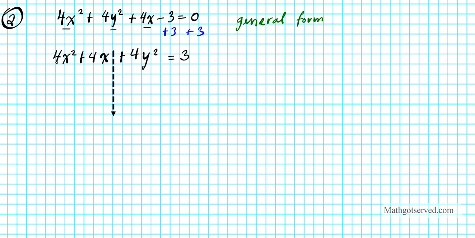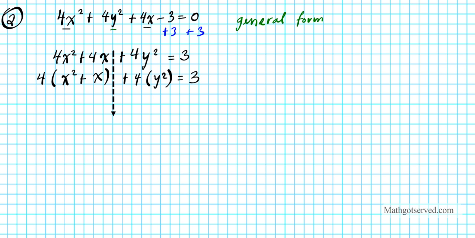So in the x world, if I factor out the 4, I'll have x squared plus x. Now it's easy to just take the square root of this x squared right here. And then in this case, we write this as 4, take out the 4, and we're left in the parentheses with y squared. Okay?